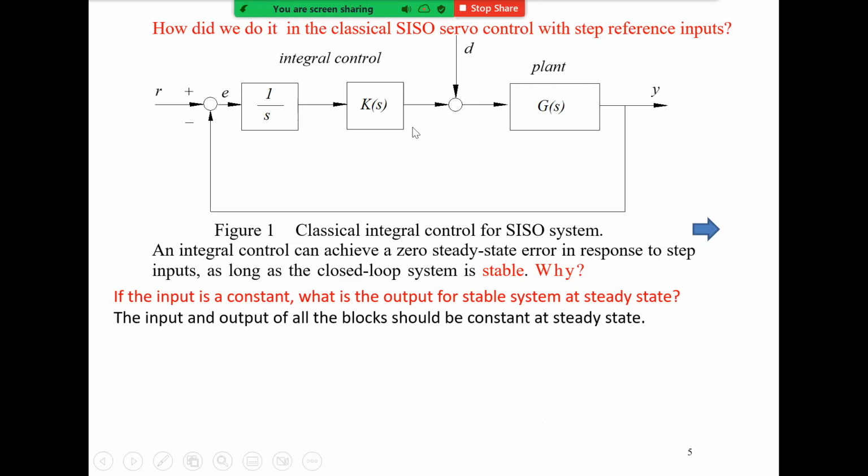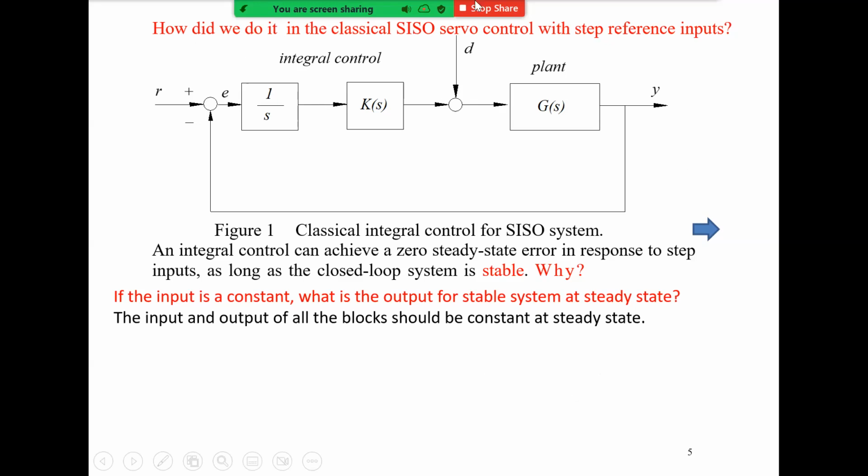Okay, we know, therefore, which means all the signals, if the input is a constant and the system is stable, we know at the steady state or when time t goes to infinity, all the signals, right, will converge to a constant. All the signals will settle down to a constant. Okay.